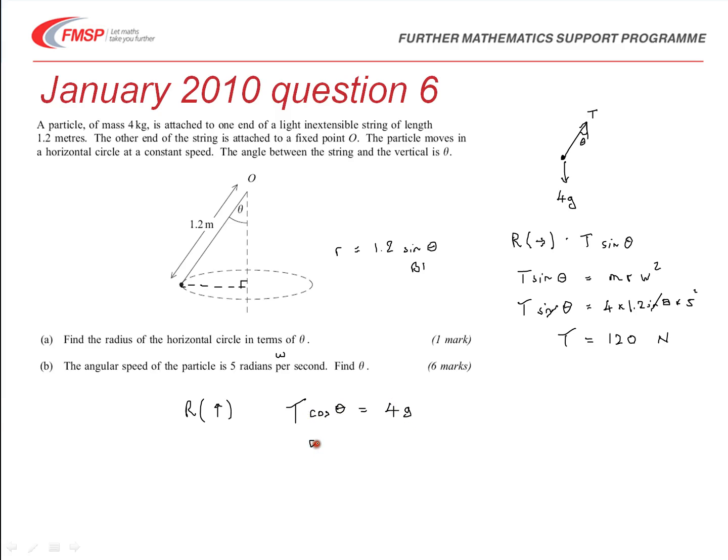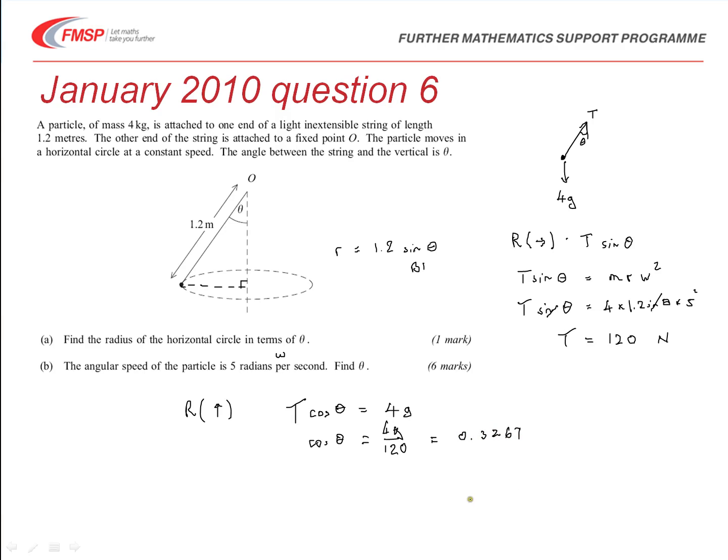So cos theta must therefore be equal to 4g divided by 120, which is approximately 0.3267.